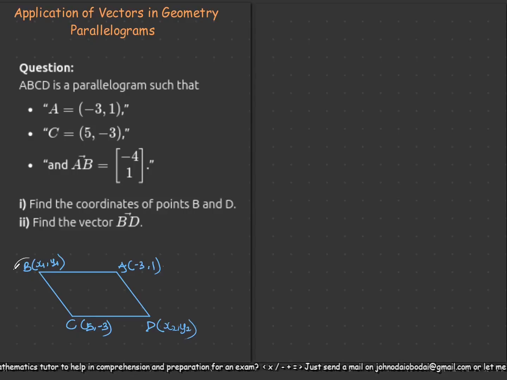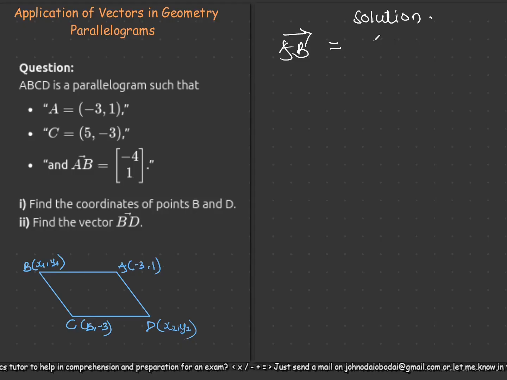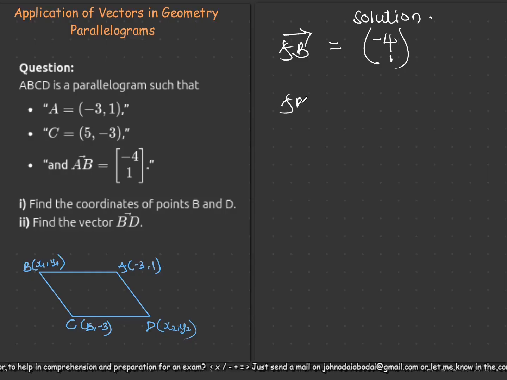Now, we have to find the coordinates of B and D. B is very easy to get because we have been given AB to be -4, 1. We know that if we had A and B and we wanted AB, then AB would be the position vector B minus A. But it has already been solved for us.